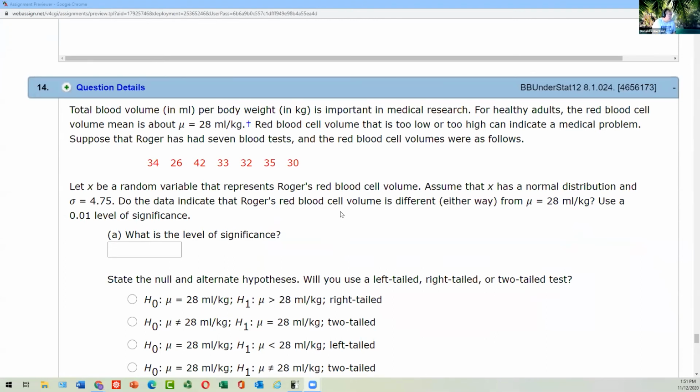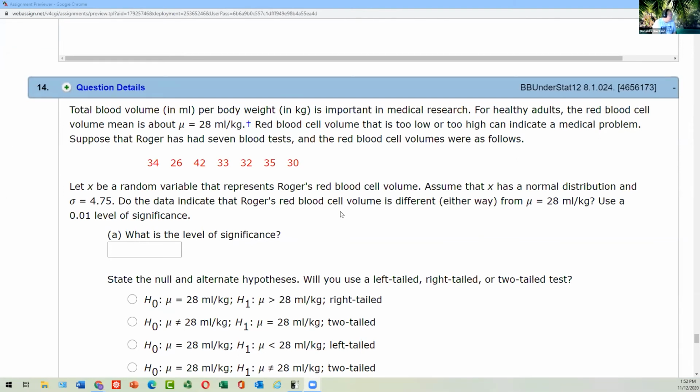Total blood volume per body weight in kilograms is important in medical research. For healthy adults, the red blood cell volume mean is about 28. Red blood cell volume that is too low or too high can indicate a medical problem.